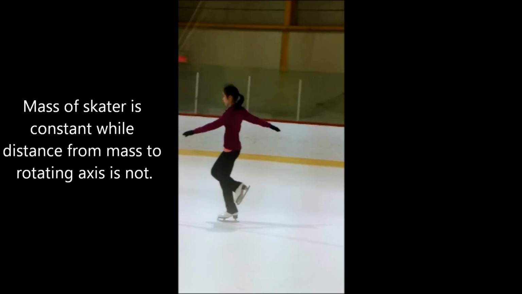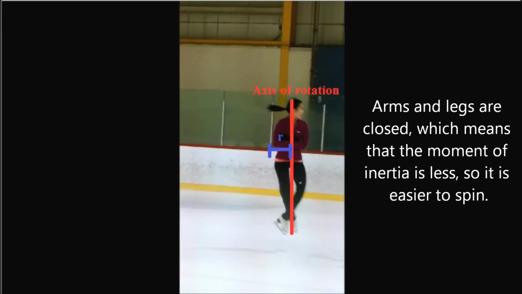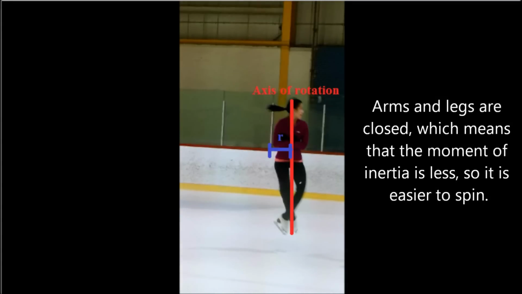The mass of the object, in this case a figure skater, is constant. The distance from the mass to the rotating axis, however, is not. When the arms and legs are spread, the effective distance, r, is larger, and so consequently the moment of inertia is also larger. When the arms and legs are closed, the moment of inertia is less, since the effective distance is less.